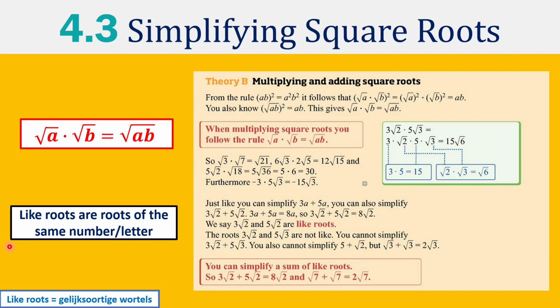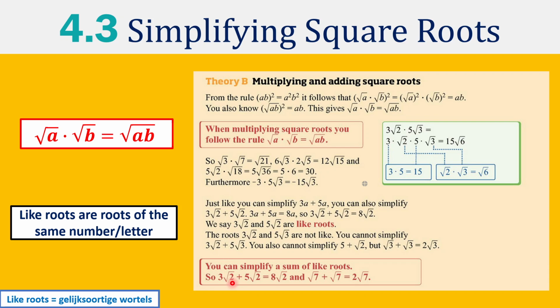So I like to give you a definition as well. Like roots are roots of the same number or letter. So here, 3 root 2 and 5 root 2 are like roots because both of them have a 2 in the root. If you have like roots, you can add them up.